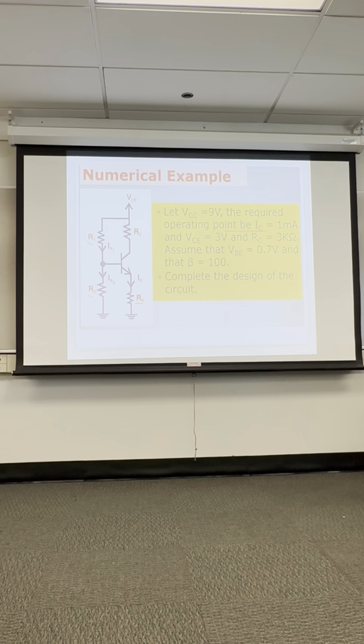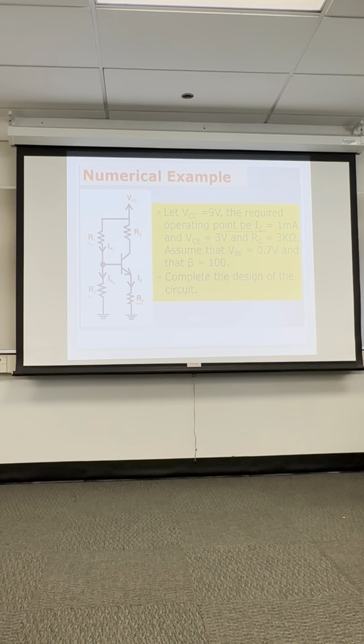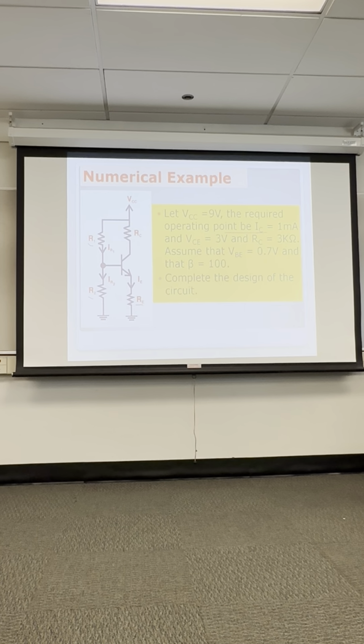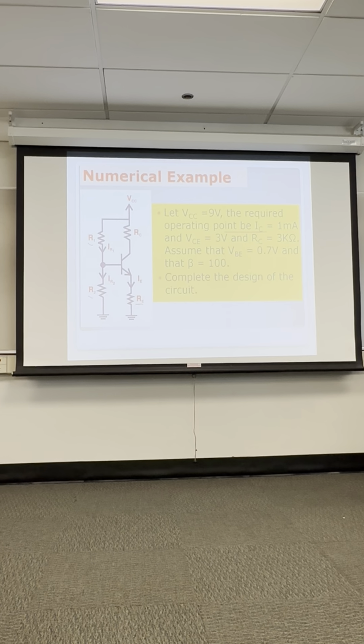So what's probably our first step? You can find the collector voltage, correct? We're given a collector resistance of 3K, and the collector current. So the collector resistor, we have the current through it, and we have the resistor size.